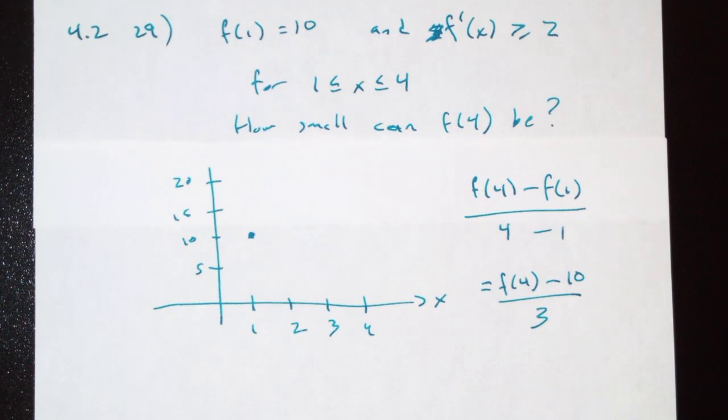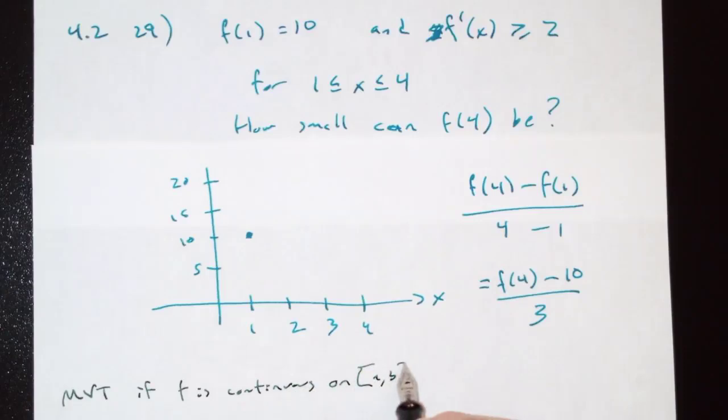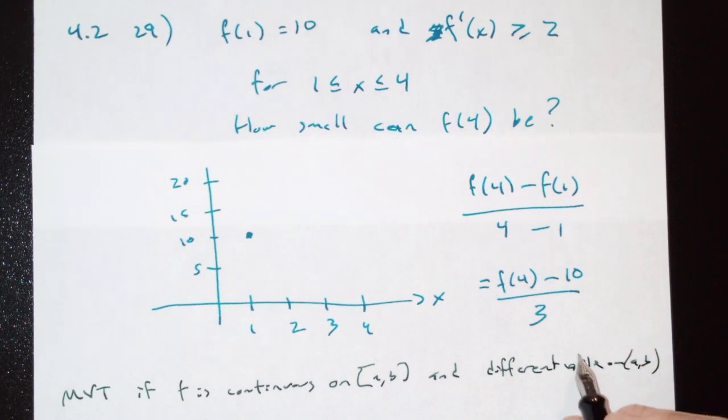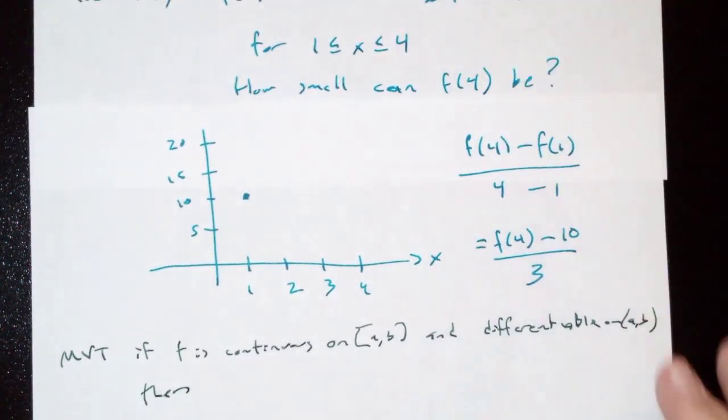what's the conclusion of the mean value theorem? There's my if statement.